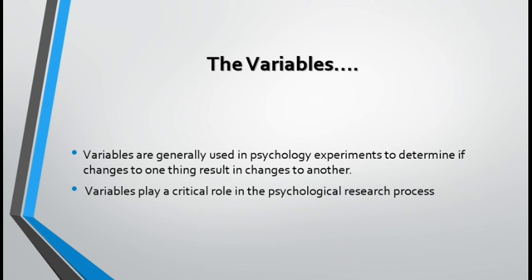So the most logical way to study that particular relationship is by experiment. If you haven't watched that video, I have given the link in the description and you can watch it. So in the example of aggression and children's cartoons, the variable that researchers think causes changes in aggressive behavior is the violence in the cartoon.